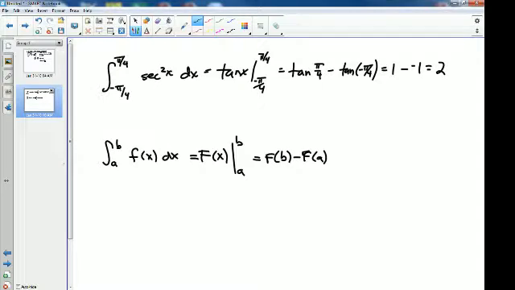Okay, so we have to assume, so this is the fundamental theorem of calculus. Oh, I should write that better. Cursive just does not work on these words. Fundamental theorem of calculus.